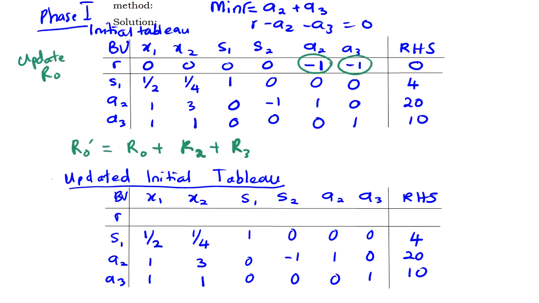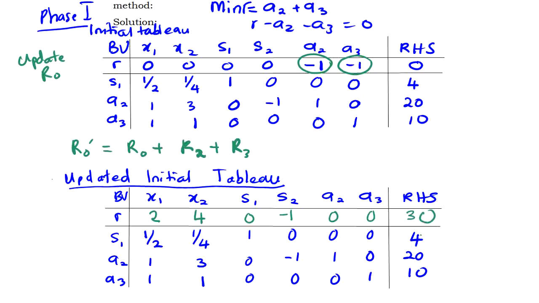So the new row 0 will be 1, 2, and then 0 plus 3 plus 1, so 4, 0 plus 0 plus 0, 0, 0 plus -1 plus 0, -1, -1 plus 1 plus 0, so 0, -1 plus 0 plus 1, so 0, 0 plus 20 plus 10, so 30.